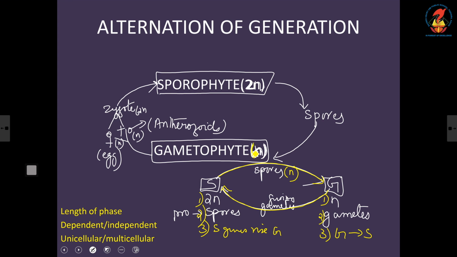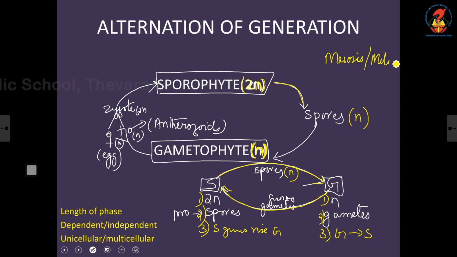Now let's justify with the ploidy. You see, the ploidy of the gametophyte is N. How did it become N? It is produced from spores, which are N, and the spores are produced from the sporophyte, which is 2N. So how did 2N become N? By which division? Recollect your divisions, meiosis and mitosis.